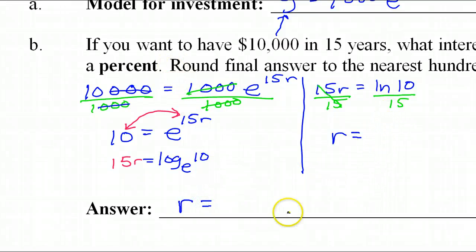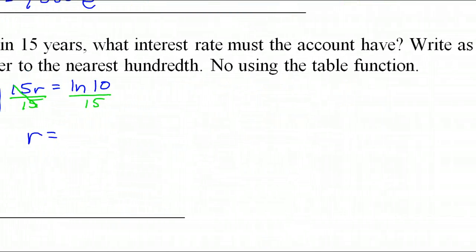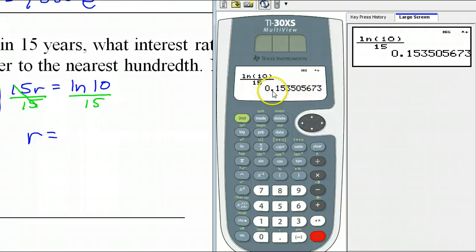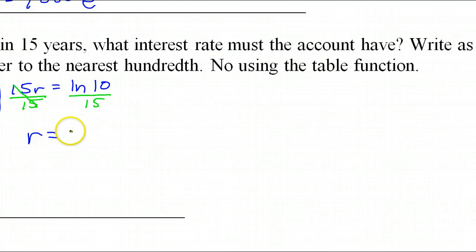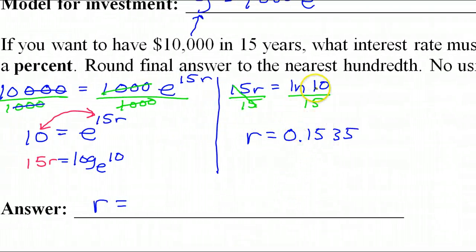So if I do natural log 10 over 15, I get this r value: 0.1535. Now, why am I writing down 4 decimals when normally I need only 2? The reason is this is not a percent. This is just a decimal.